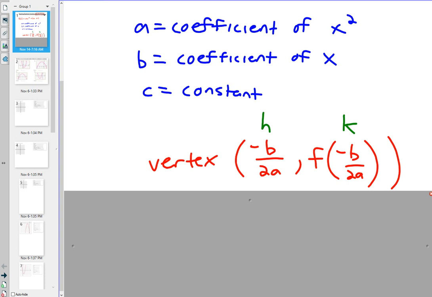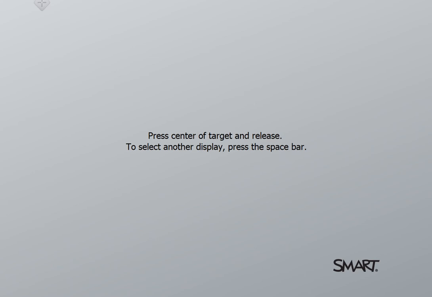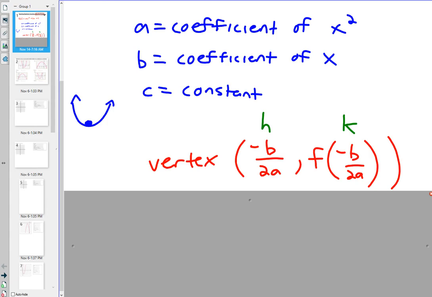And the vertex is where the parabola changes direction. You have upwards facing parabolas that change direction down here at the bottom. We'll learn a name for that. And we have downward facing parabolas that would have their change of direction or their vertex here on the top.